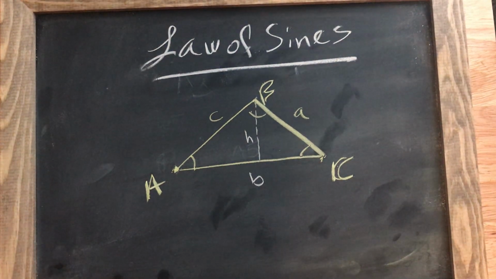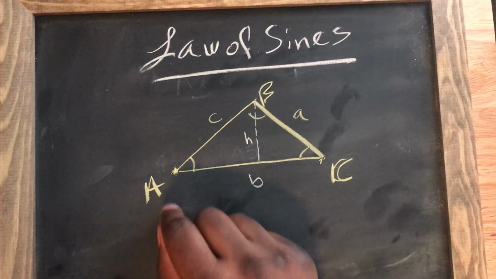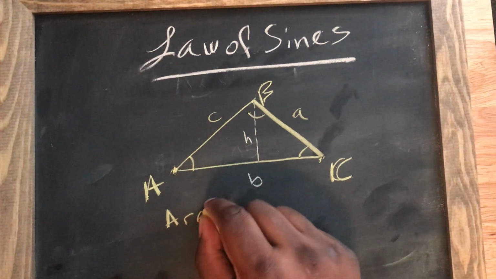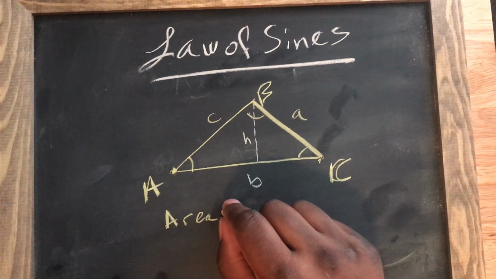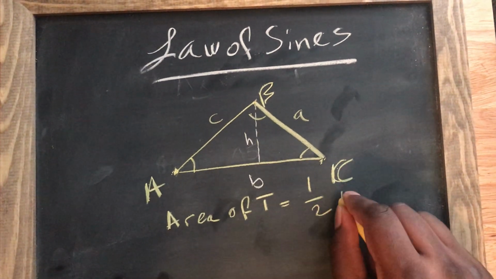So that said, I know that the area formula of my triangle is one half of the base times the height.